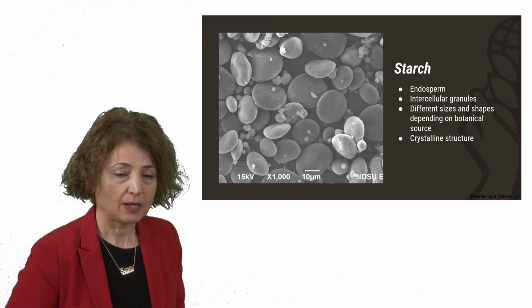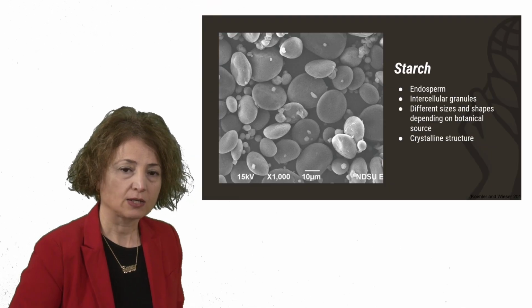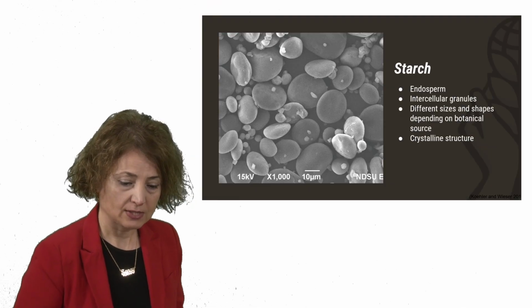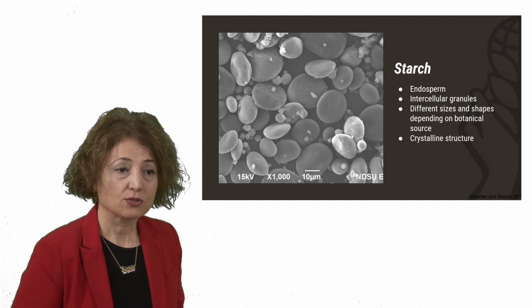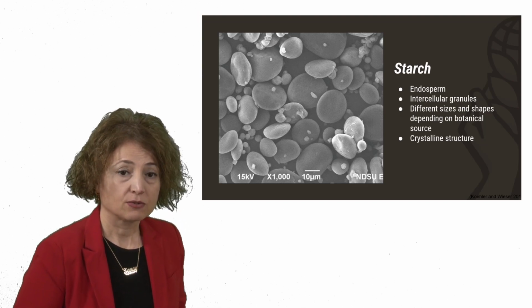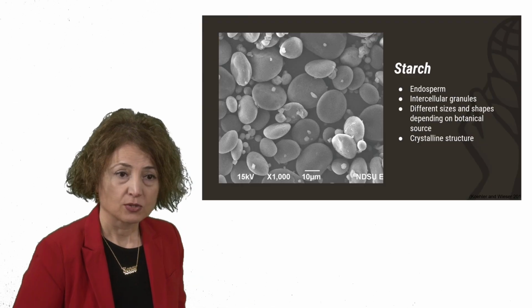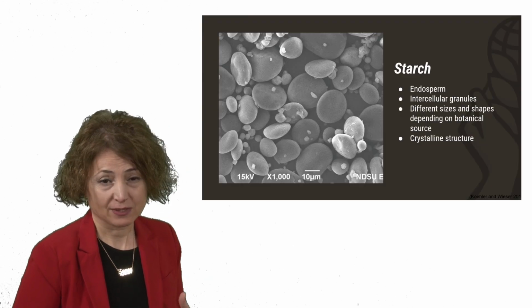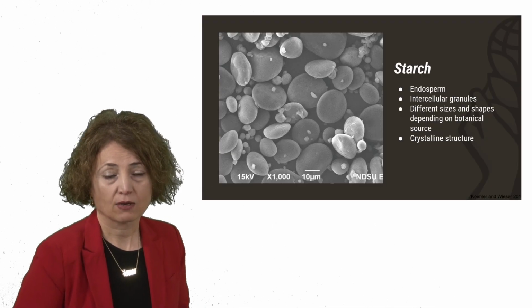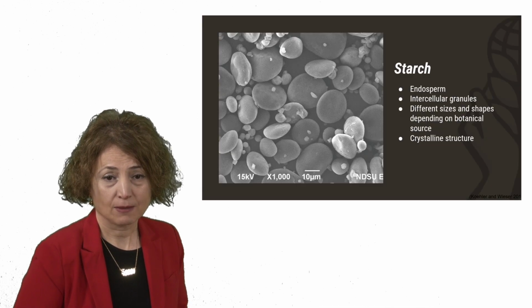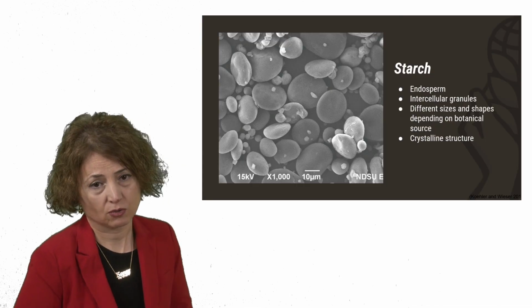So the enzymes in our digestive tract are not going to be able to digest it. But with the cooking process, we change the chemistry of starch, so it becomes enzyme accessible, and then the enzymes in our digestive tract can digest it and convert it to glucose.